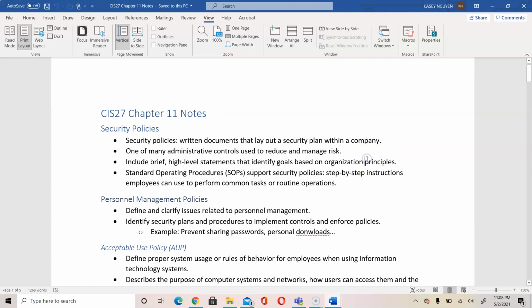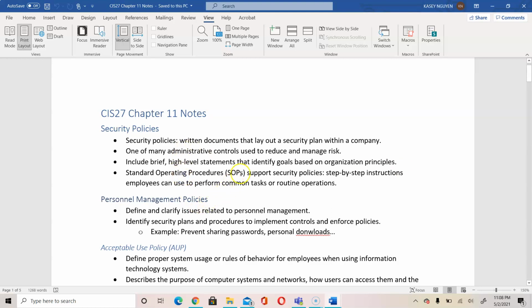And so as we saw in the template, there would be high-level statements, goals, scope, and also organization principles. So you want to really address the type of practices that would be supported and allowed in the organization, along with the appropriate technical services and equipment that will be incorporated for daily operations.